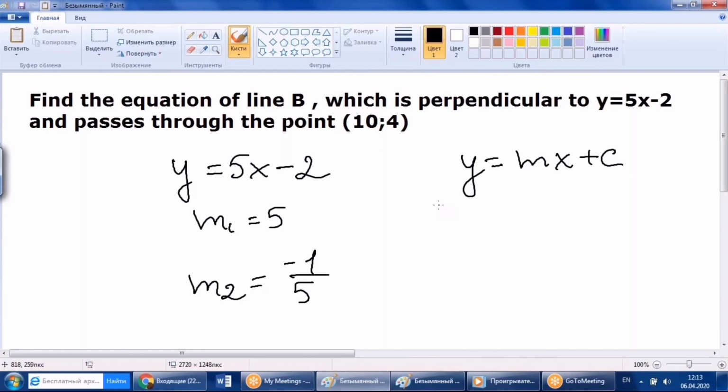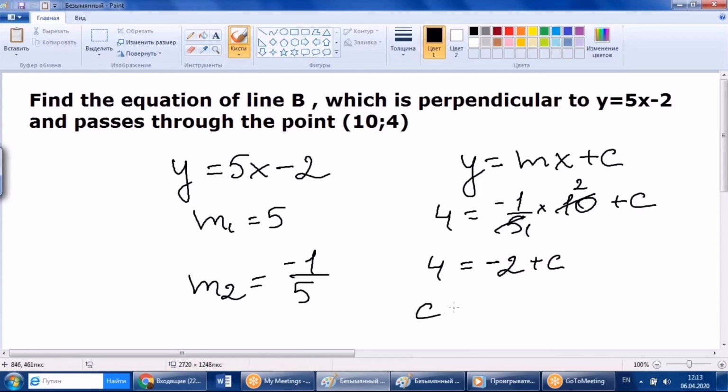So y is 4, m is negative 1 over 5, x is 10, and plus c. We simplify them. Here we have 2, here 1. So 4 is equal to negative 2 plus c. So c is equal to 6.